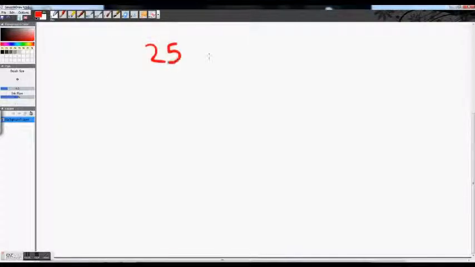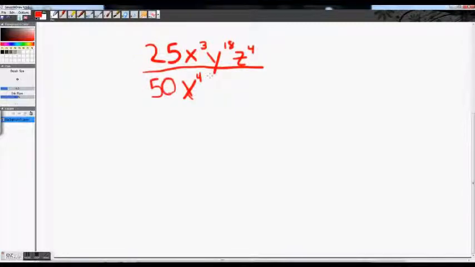Let's say we have 25x cubed y to the 18th z to the 4th w to the negative 2nd over 50x to the 4th y to the 9th z to the 5th w. So perfect. Now let's simplify it.